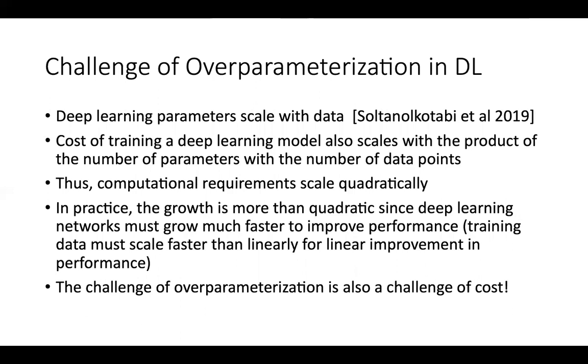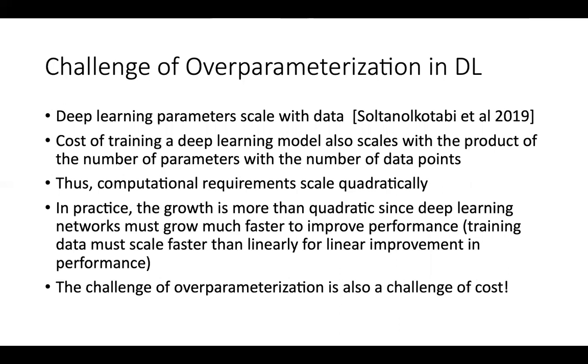So continuing the theme of deep learning, there is some work with respect to the challenge of over-parameterization in deep learning. The challenge is that the number of parameters has been observed to scale with data, which translates into cost of training, as we talked about at the beginning of the tutorial.